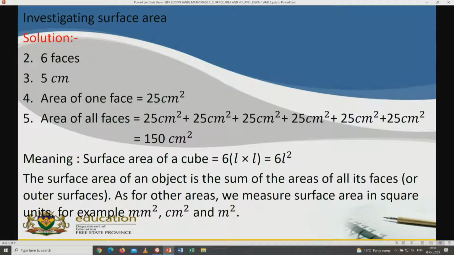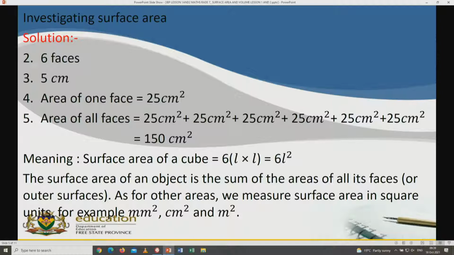Now, let us check here. This is a worked solution. We said a cube has got 6 faces, and each, we have seen, has measured exactly 5 centimeters. And then the area, we said, will be one side multiplying by another side, and that will be 25 centimeter squared.